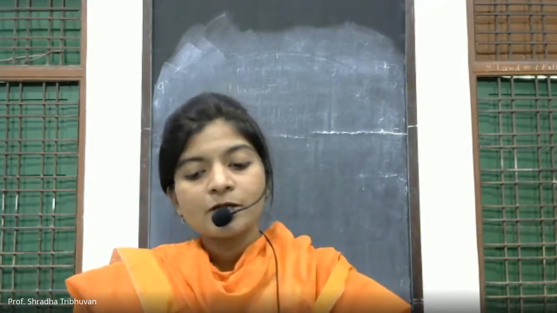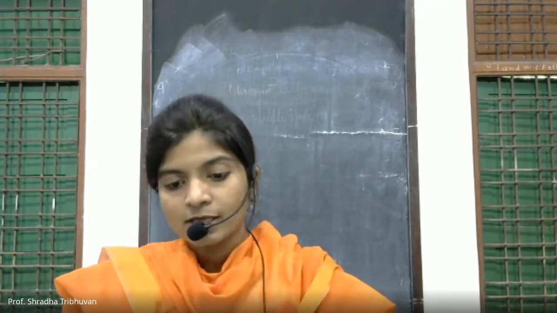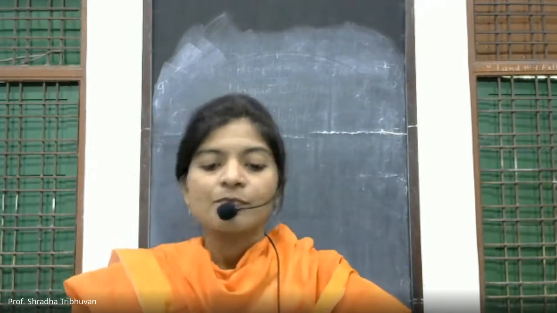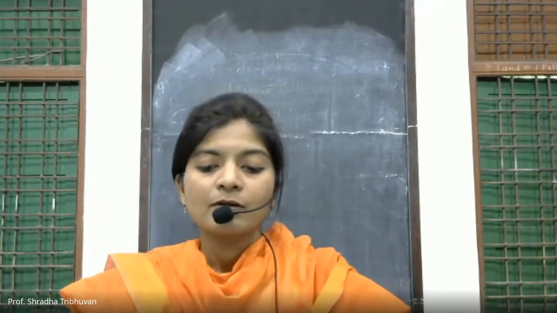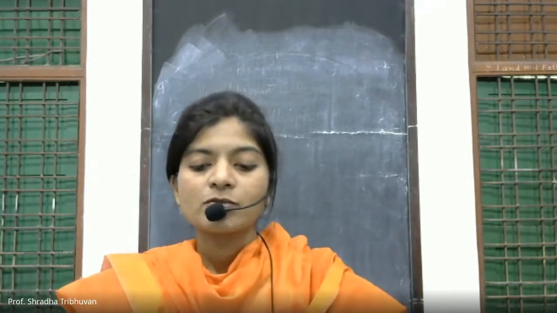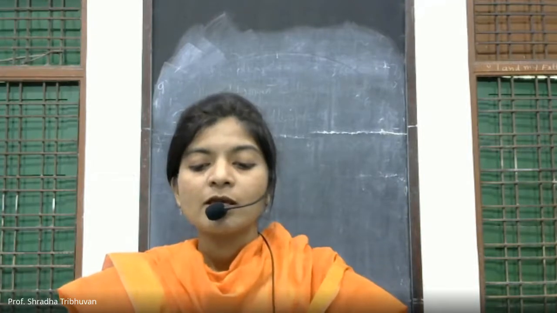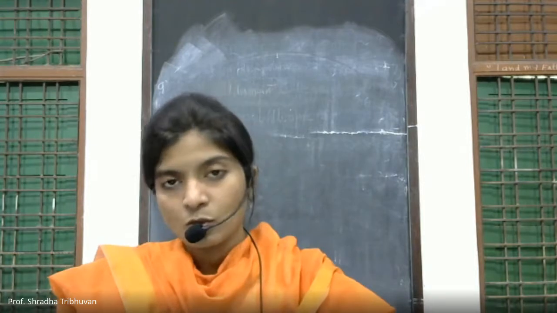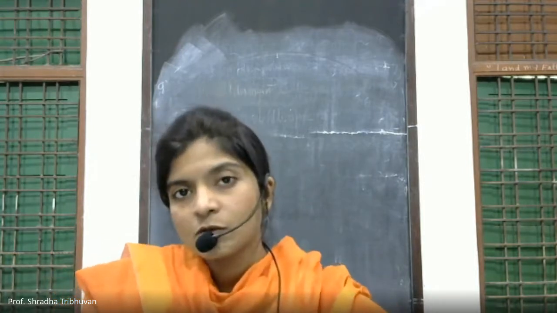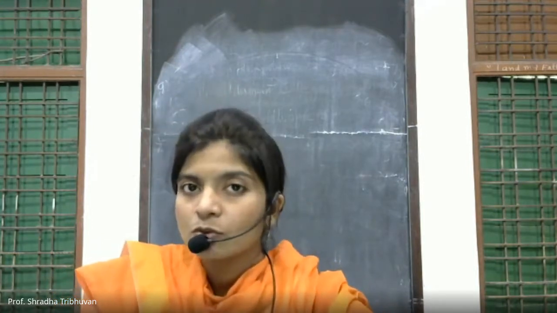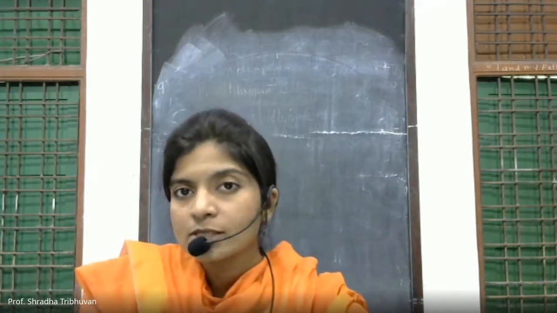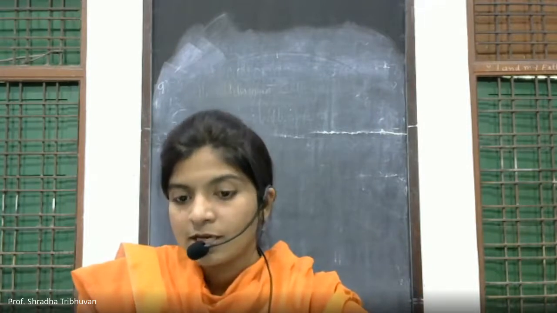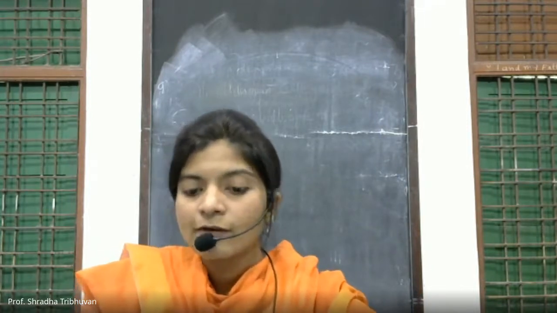So the rate is independent of the concentration of carbon monoxide, and the overall order of the reaction is 2. The rate of reaction would be K into active mass of NO2 into active mass of CO, but with respect to CO the power is 0. Anything raised to 0 is just 1, so you do not consider it. So it is independent of the concentration of carbon monoxide and depends only on the concentration of NO2.